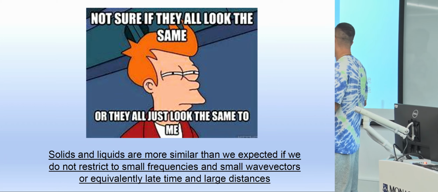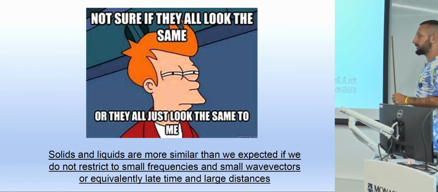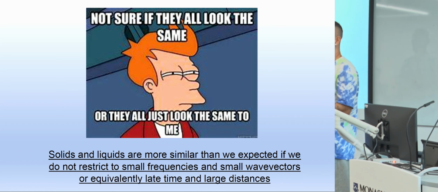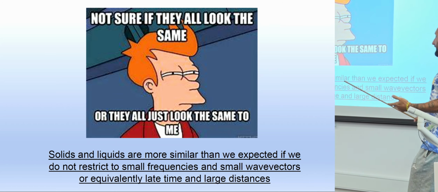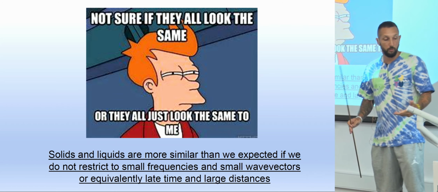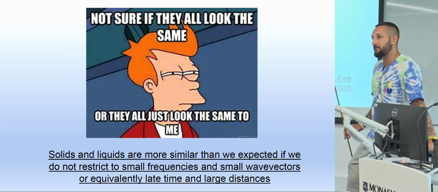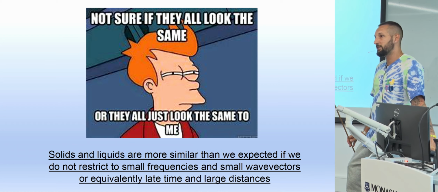The conclusion is that solids and liquids are actually much more similar than what we expected if we don't restrict to small frequency and small wave vector. And this is equivalent to late time and large distances. The idea is that maybe the question itself that was at the beginning was not trivial, but was actually not well posed.